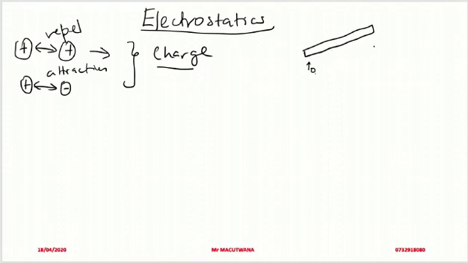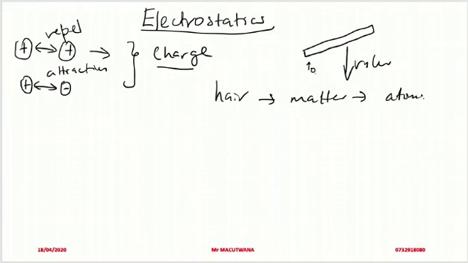You rub your ruler against your hair. Remember, your hair is made of matter, and also your ruler there is made of matter. When I say matter, I'm simply referring to the fact that it has atoms.